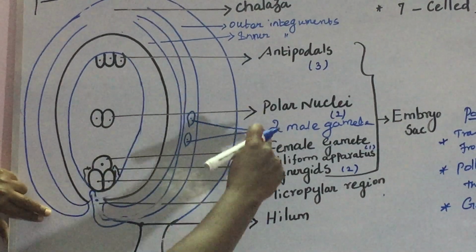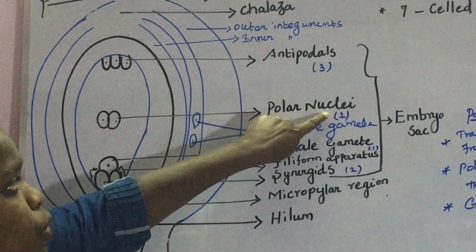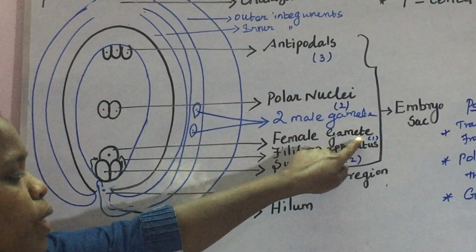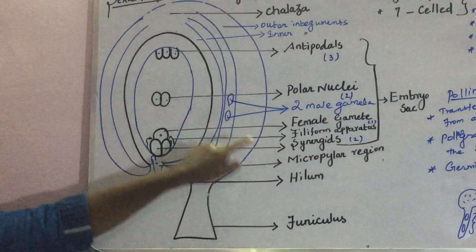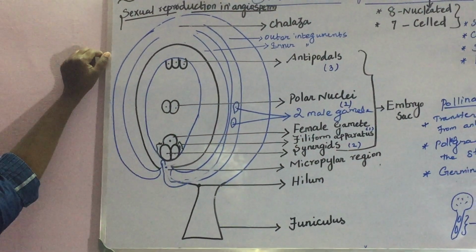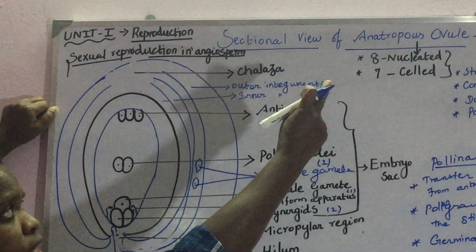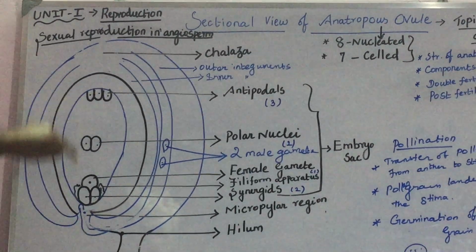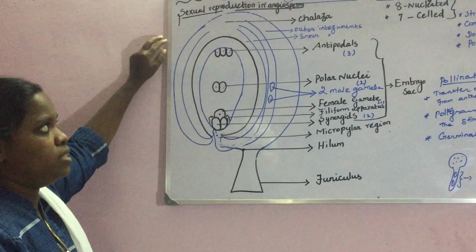Totally 8 nuclei: 3 nuclei for antipodals, 2 nuclei for polar nuclei, 1 nucleus for the female gamete or egg, and 2 nuclei for synergids. So the anatropous ovule in angiosperms is 8 nucleated, and 7 cells are there, so it is called the 7 cell stage. Are you clear?